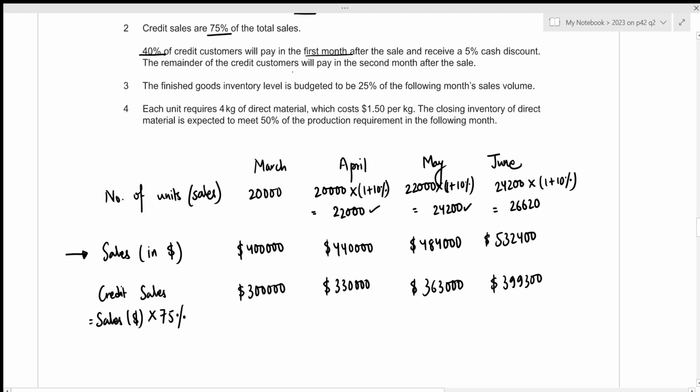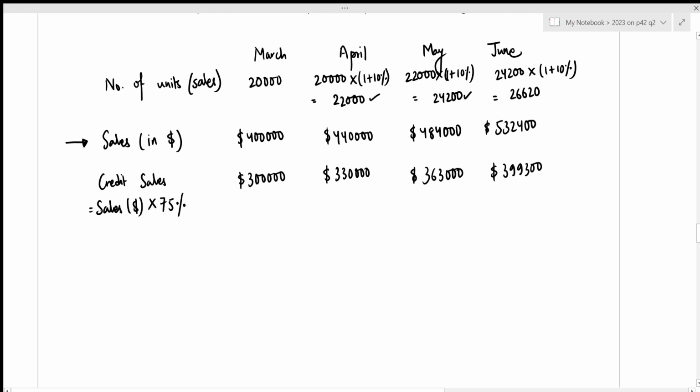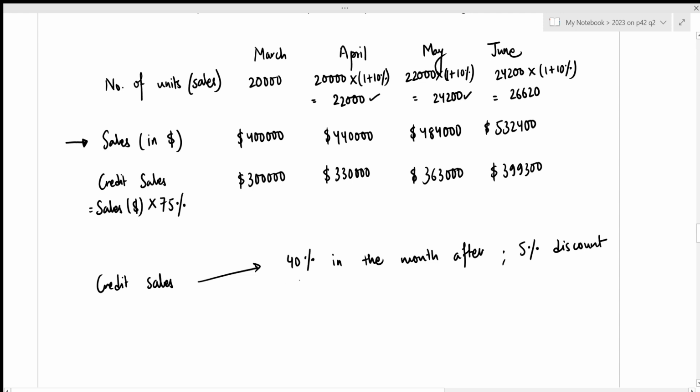Then 40% of credit customers will pay in the first month after the sale and receive a 5% cash discount. And the remainder of the credit customers will pay in the second month after the sale. Okay, so for our total credit sales, 40% will be paid in the month after. And in this case, we're also allowing a 5% discount. So the amount received in the month after is just going to be the total of our credit sales multiplied by 40%.